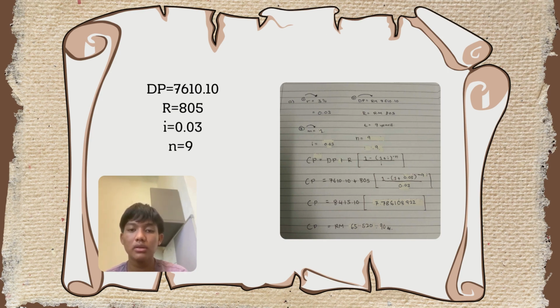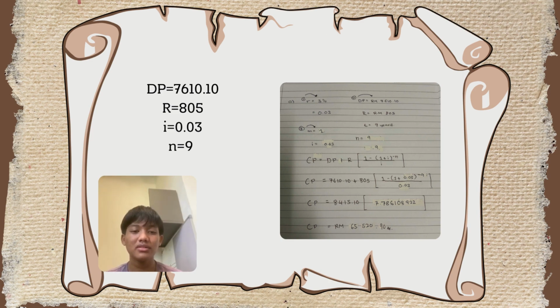So CP equals 7,610 ringgit 10 cents plus 805 ringgit in the bracket of 7.786108922. Cash price equals RM55,520 ringgit and 90 cents.